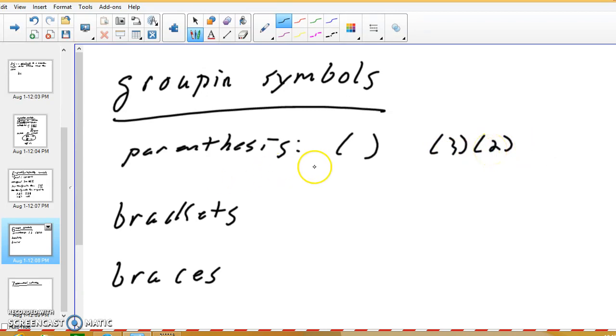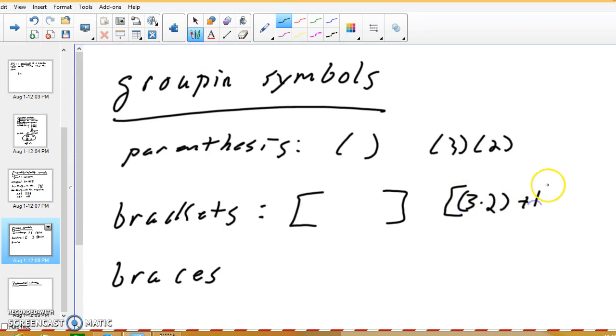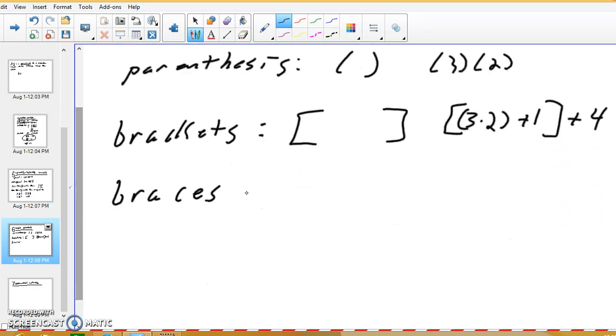The next one, now we'll use parentheses if we're trying to group some numbers, but say you're trying to group numbers inside of numbers, then we will use brackets, which are like that, which is just a way of further grouping things. So say you want 3 times 2, then you want to say plus 1 plus 4, something like that. You're using these brackets to group together all these numbers before you do that last operation.